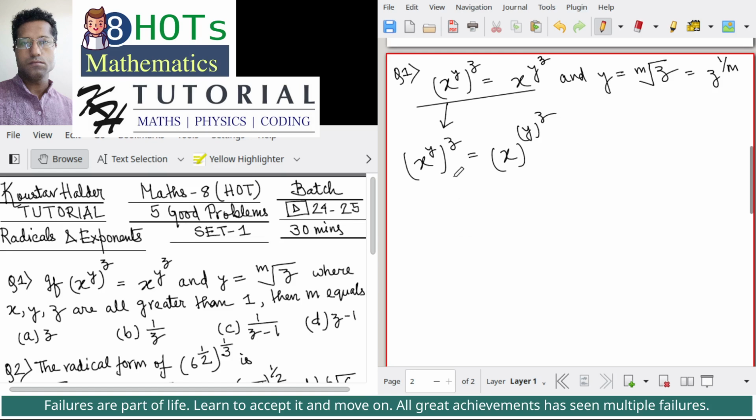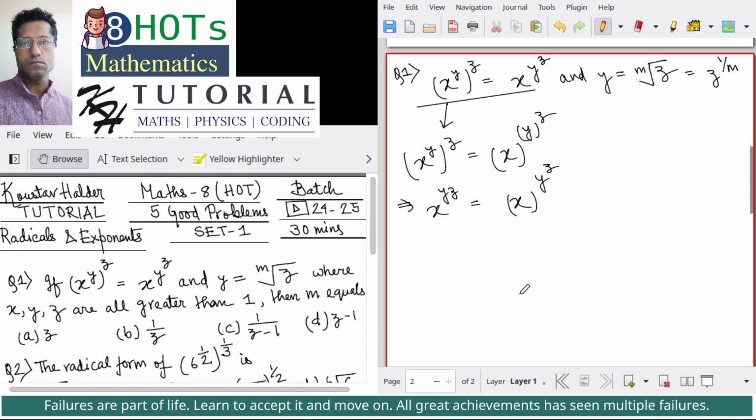Now, if we simplify the LHS so that we get a single power, it will be x to the power yz, is equal to x to the power y, which is raised to the power z.